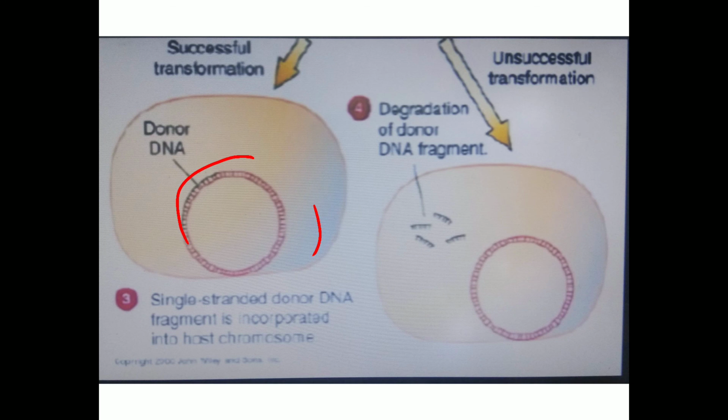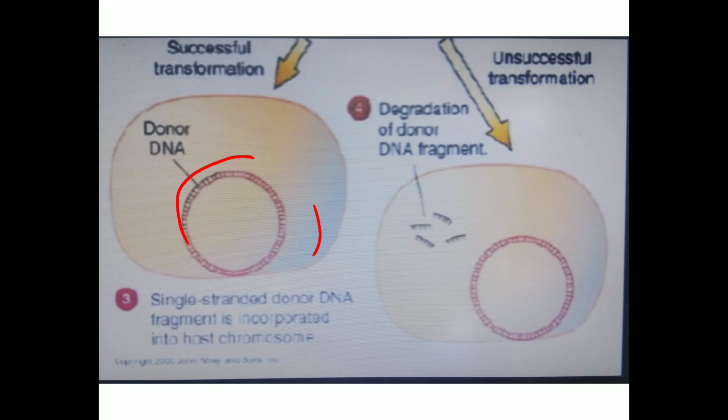Third, once the donor DNA enters the bacterial cell, it becomes single stranded and is directly incorporated into the host chromosome or bacterial chromosome. When this happens, it is called a successful transformation. And when the donor DNA fragments break up into small pieces without deposition over the bacterial chromosome, it is called an unsuccessful transformation.